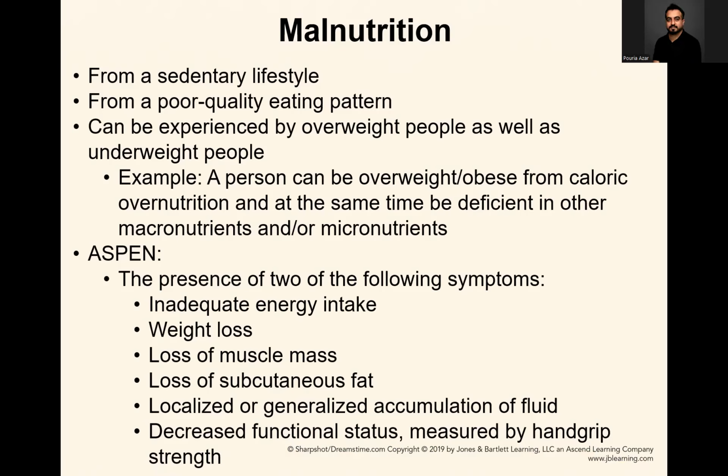So, out of these listed symptoms, if we find two of these symptoms, we can say that that person or that individual is malnourished. These symptoms are inadequate energy intake, weight loss, loss of muscle mass, loss of subcutaneous fat.